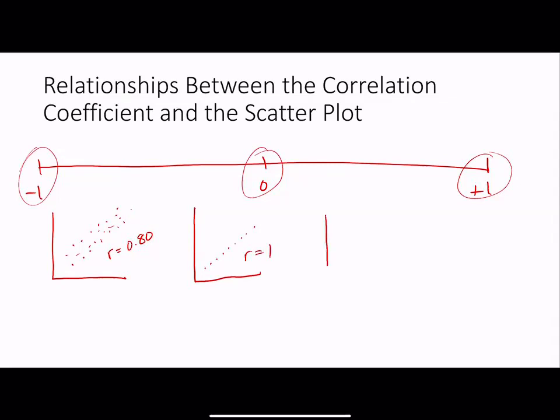If you want to see the negative side of it, it's the same thing, just going in a negative direction, so R might be something like negative 0.80. And the further apart these points are, like even this one looks like it's still going upward from left to right, so maybe this R is more like 0.50. And we find this with a formula.